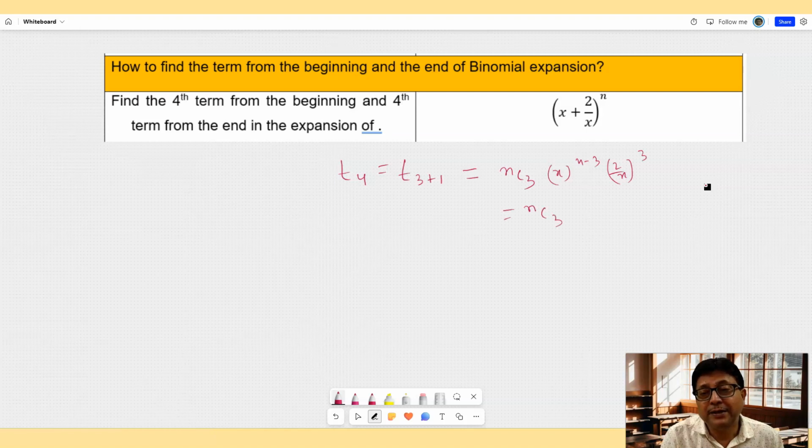Simplify, you will get x to the power n minus 6 into 8. No need to simplify because n is unknown over there. So we keep our answer this far.